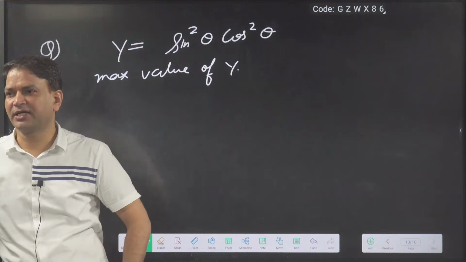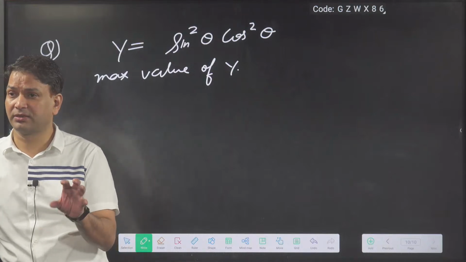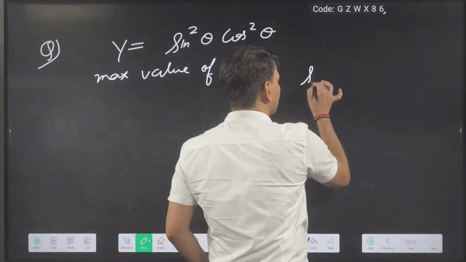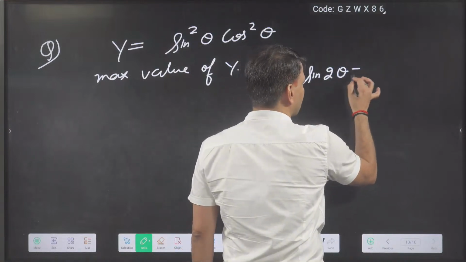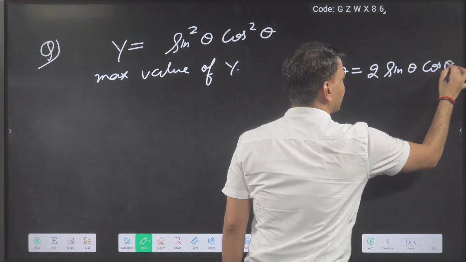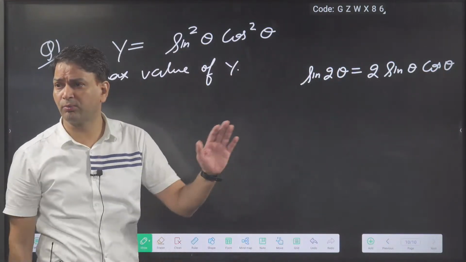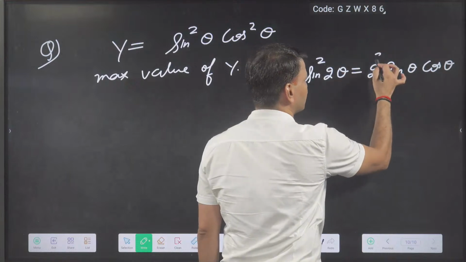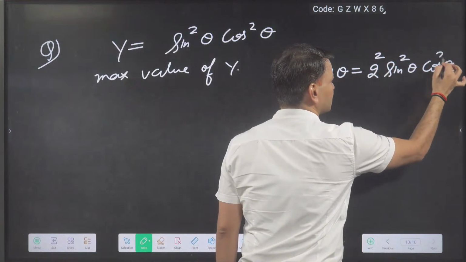Now here sine theta cos theta is coming in a product, but there is a square. So again we will think of the formula of sine 2 theta. Sine 2 theta is 2 sine theta cos theta. But we need a square, so square on both sides. Sine square 2 theta is equal to 2 square sine square theta cos square theta.